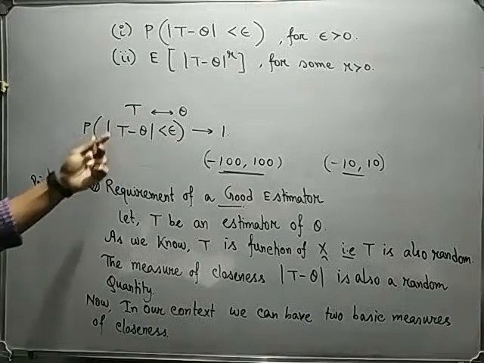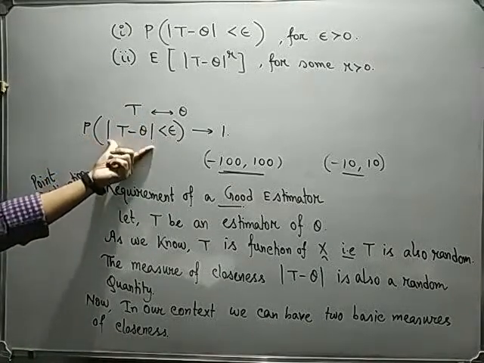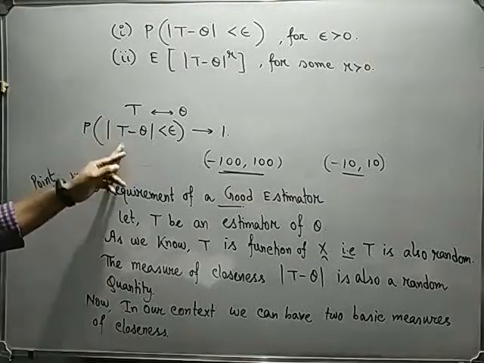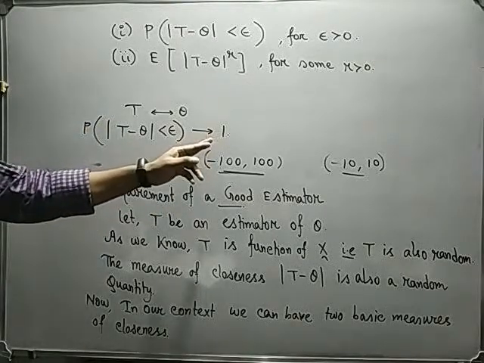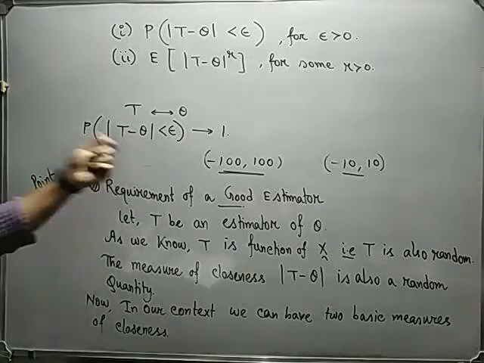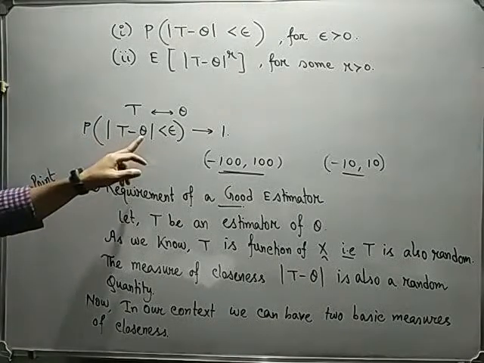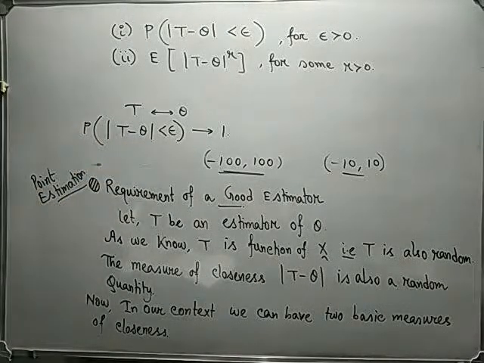That means the probability that the distance between T and theta is very small is much higher, so T and theta are close to each other, and that's why capital T will be a good estimator for theta.